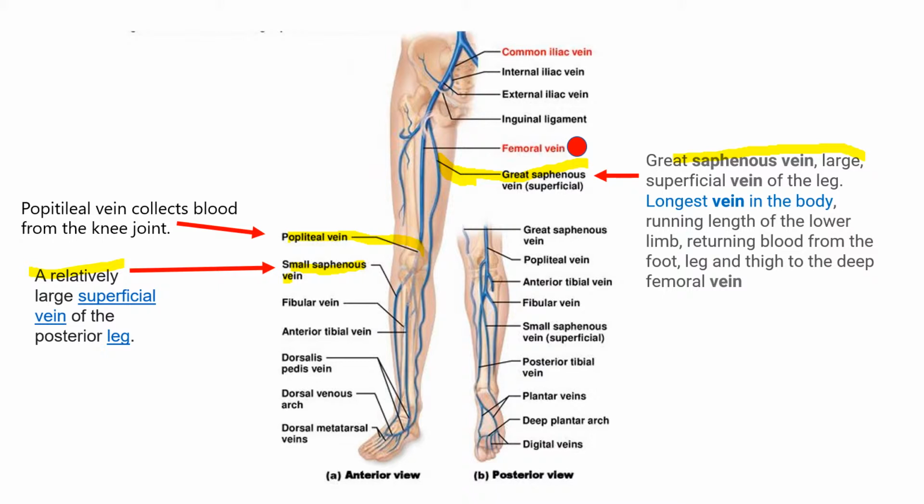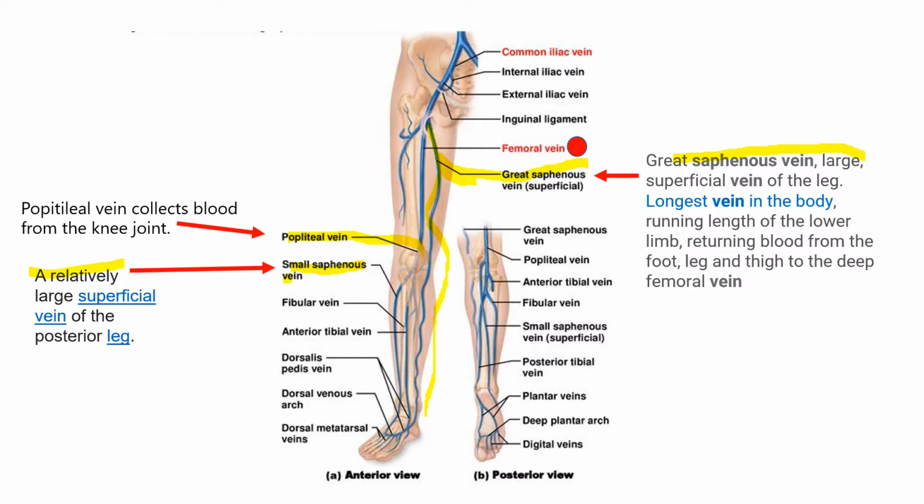Running the length of the lower limb, returning blood from the foot and leg, through the thigh, and deep into the femoral vein. It makes sense it's the longest vein of the body because usually your legs, compared to your arms, are pretty long.